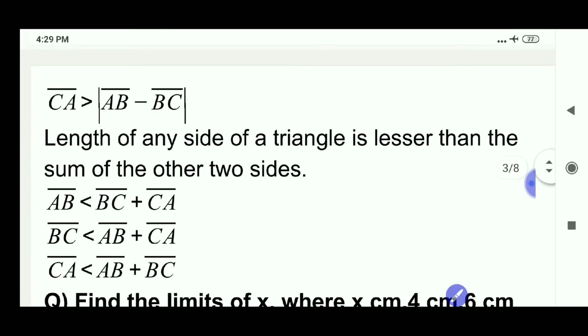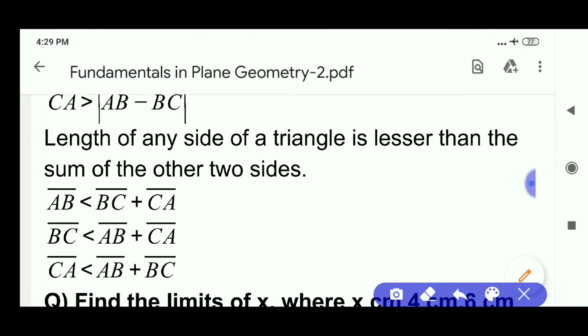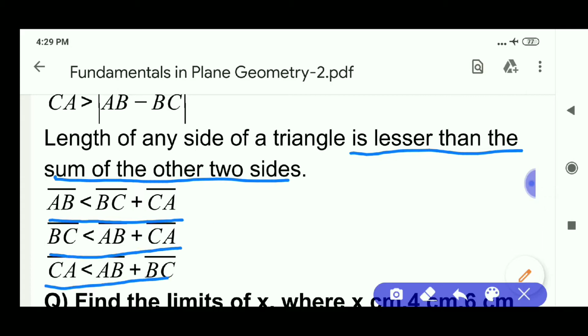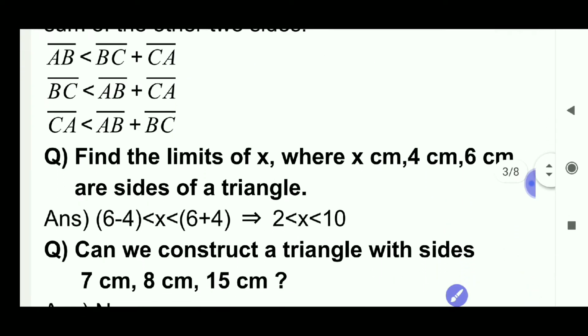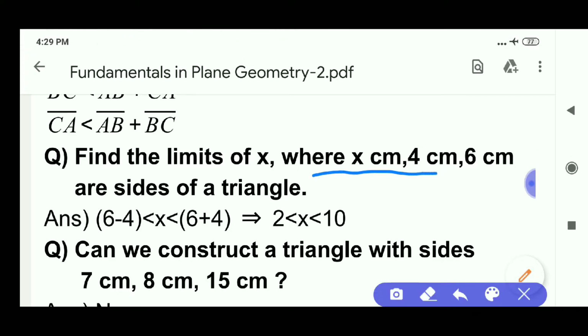One more thing. The length of any side of a triangle is less than the sum of the other two sides. That means AB is less than BC plus CA, BC is less than AB plus CA, and CA is less than AB plus BC. Question. Find the limits of x where x, 4 centimeters and 6 centimeters are sides of a triangle.